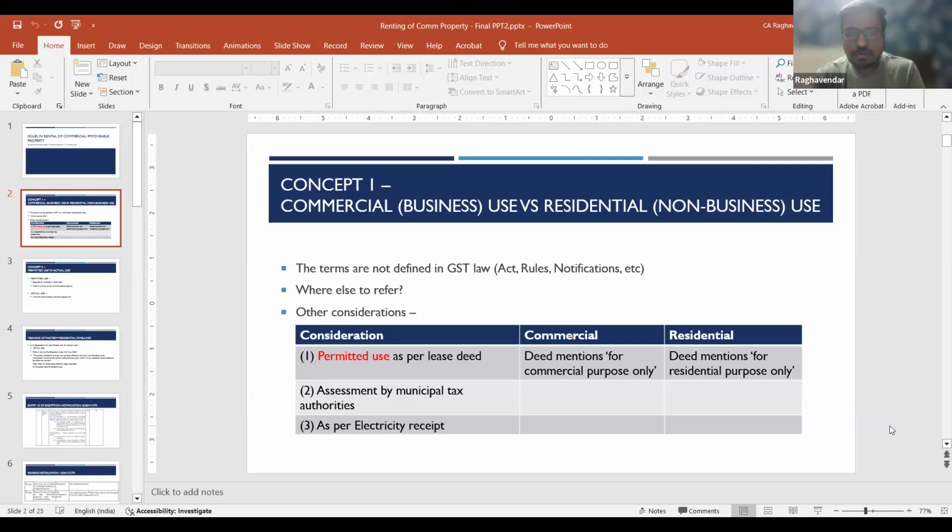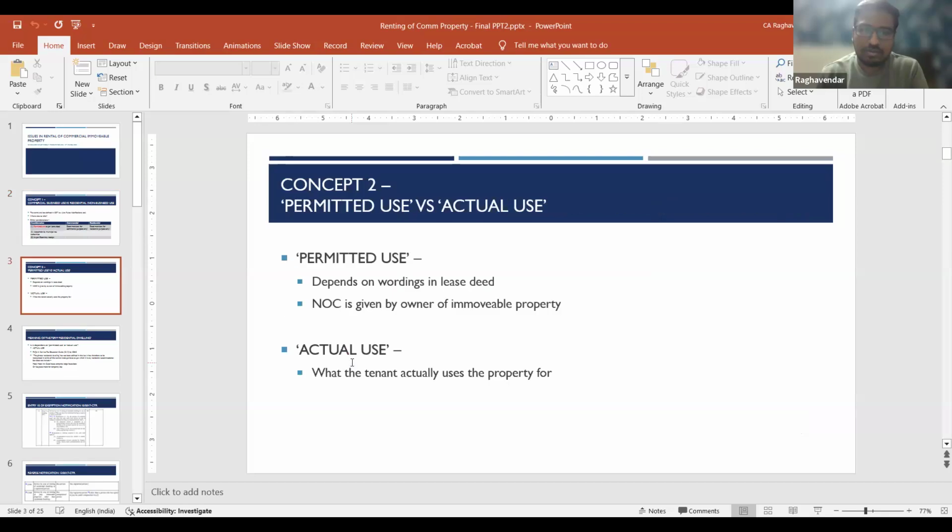So there are a few criteria we could take. First is the permitted use. You can go by what is the permitted use for the property, meaning what the lease deed or the document mentions.